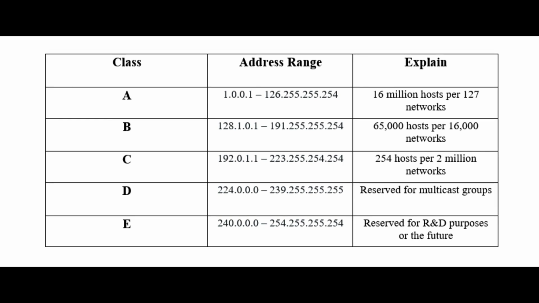Class B IP addresses. IP addresses with the first octet between 128 and 191 are known as Class B IP addresses. Class C IP addresses. IP addresses with the first octet between 192 and 223 are known as Class C IP addresses.